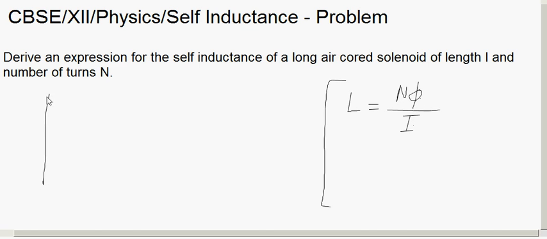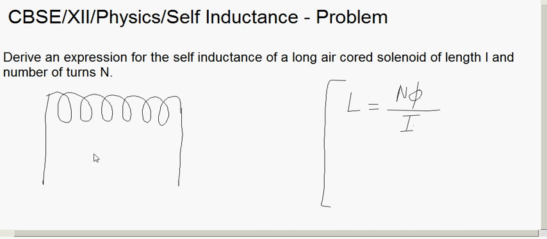Now we will consider an air core solenoid, and given that the length of the coil is L and it has N number of turns. These are all given. L is the length of the coil and N is the number of turns.